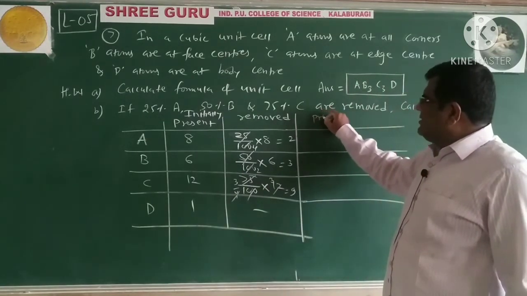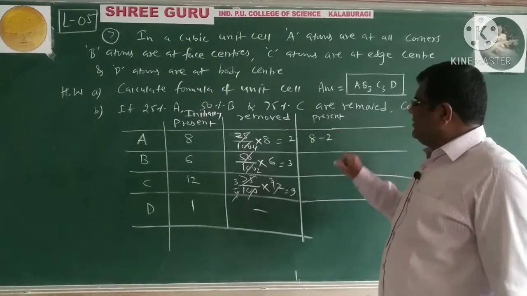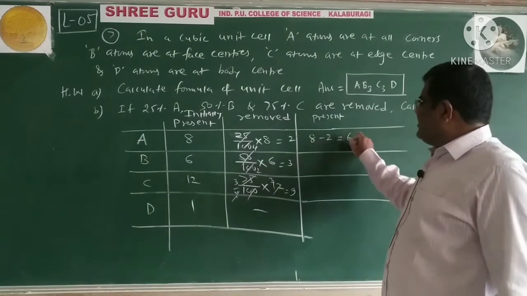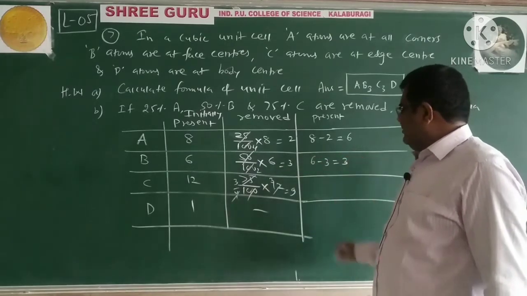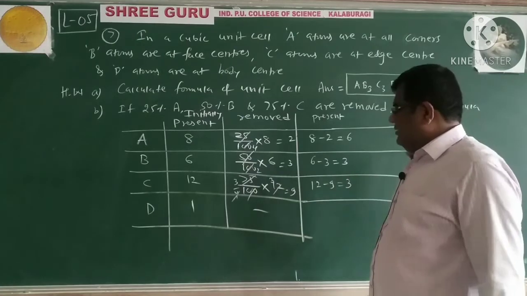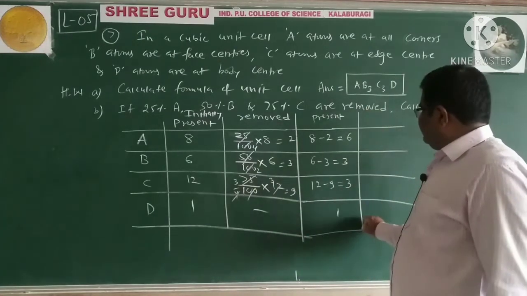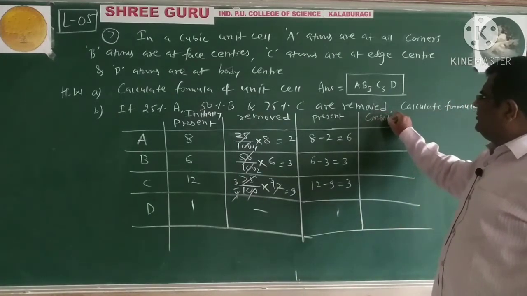So present is now 8 minus 2, which is 6. 6 minus 3 is 3. 12 minus 9 is 3. And D is present as 1. We can write contribution.